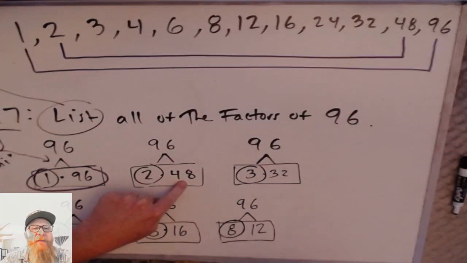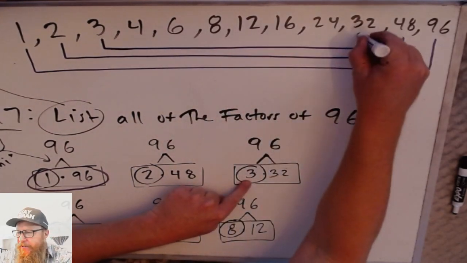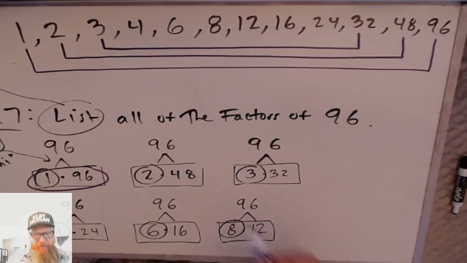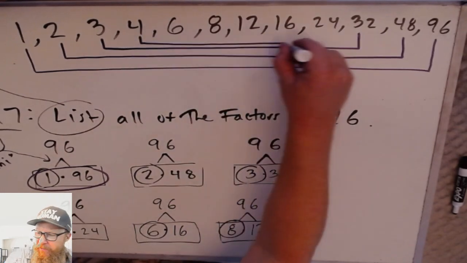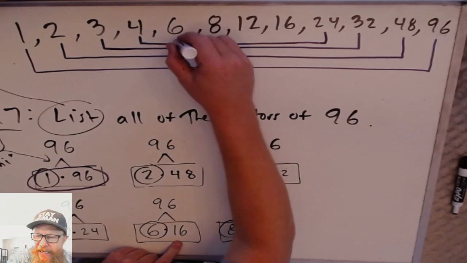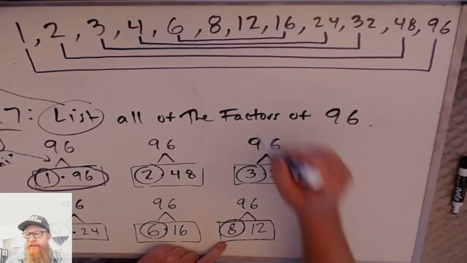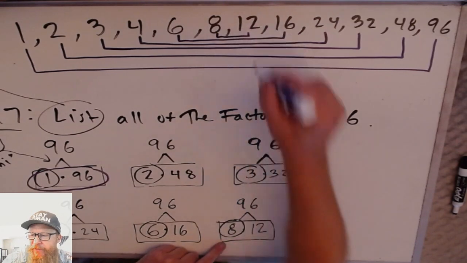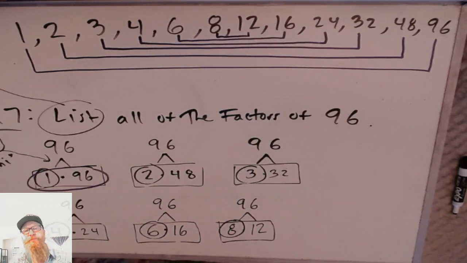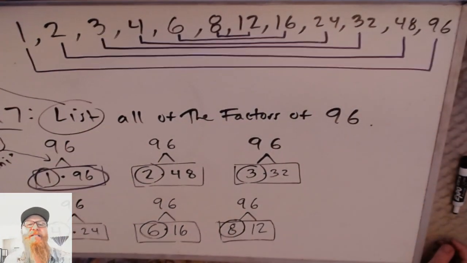These are just, if you like, mental patterns. 3 and 32. 4 and 24. 6 and 16. And then finally 8 and 12. There you go. So those are all the factors of 96.